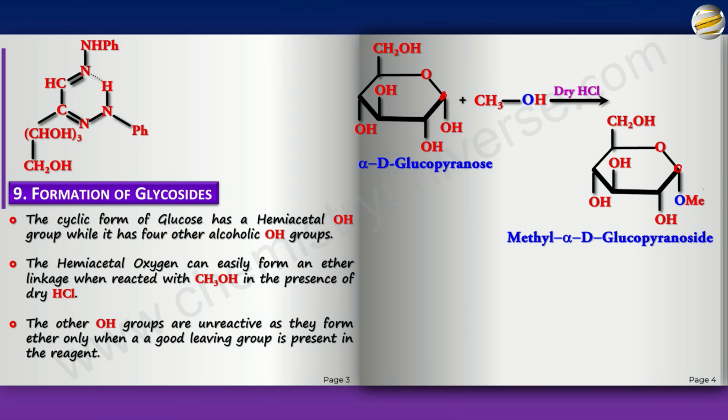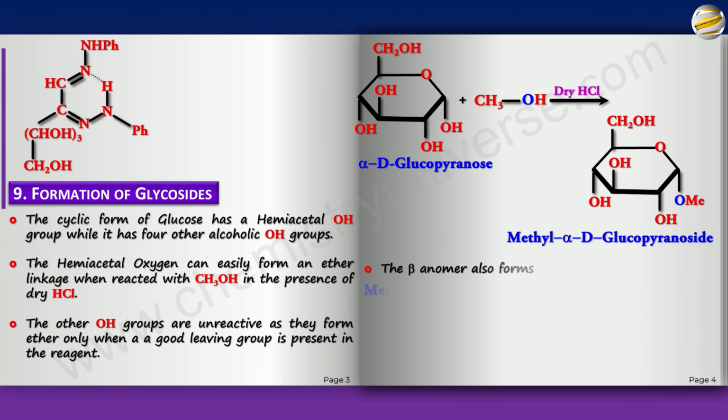Which is why whenever it is in the acetal form, the cyclic form of glucose cannot open up in basic medium. This can only open up in acidic medium. But hemiacetals can open up both in acidic and basic medium, which is why we saw reducing and non-reducing sugars.